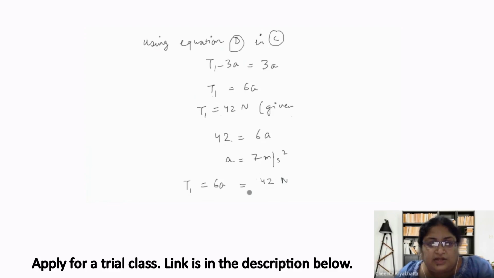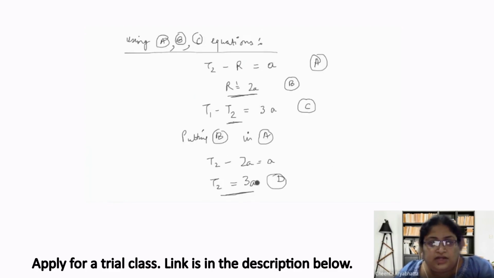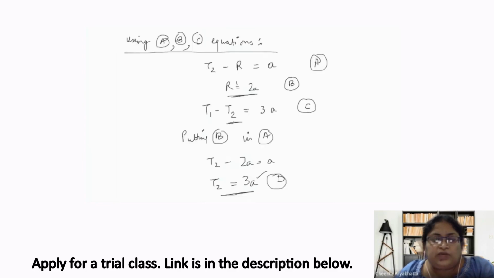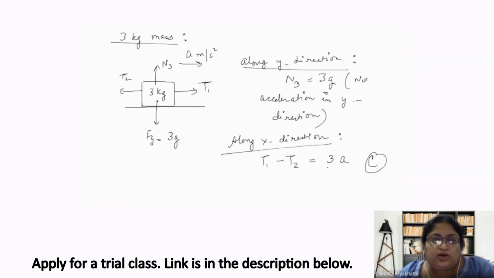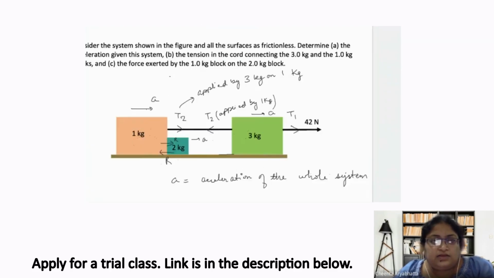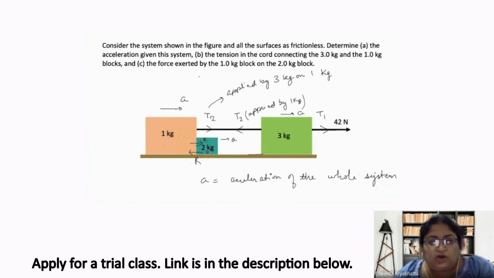And T2, what was T2? T2 is equal to 3a, so it's 21 newtons. And now we can find the force exerted by the 1 kg block on this 2 kg block. So I can find R also.